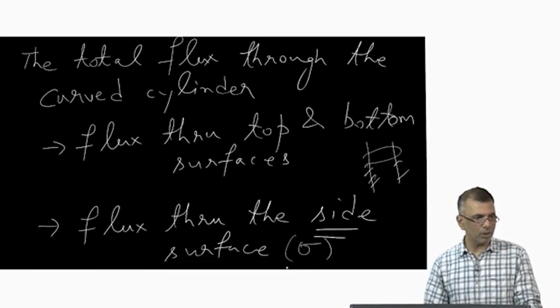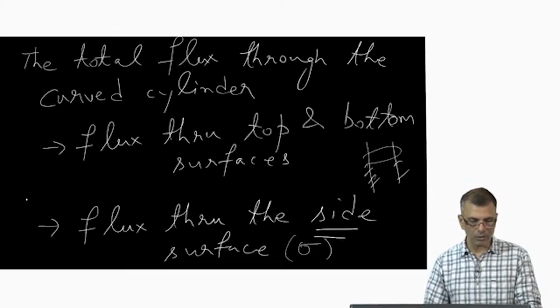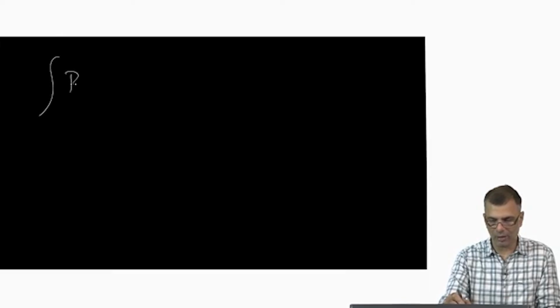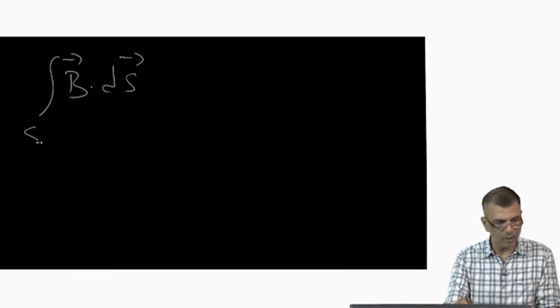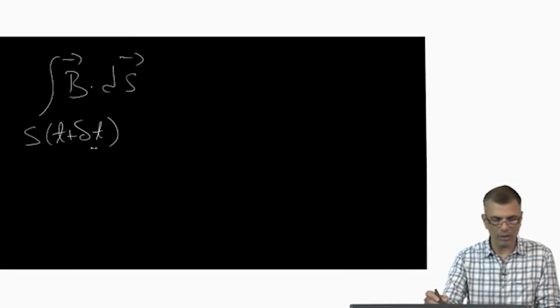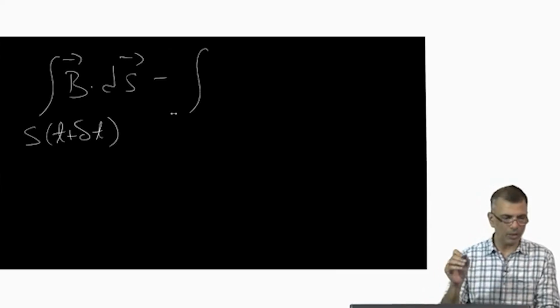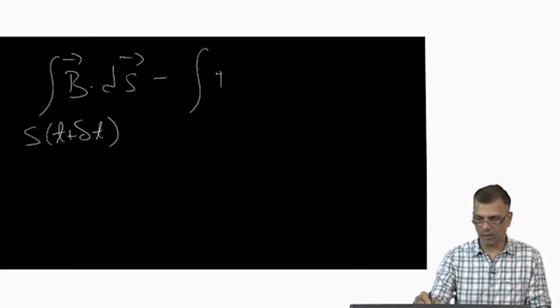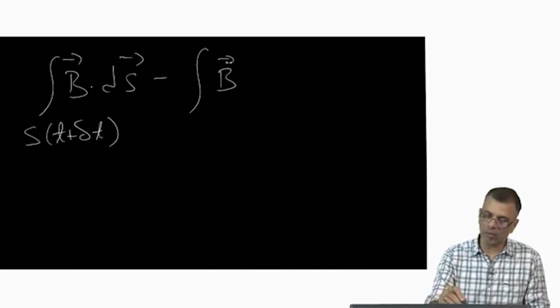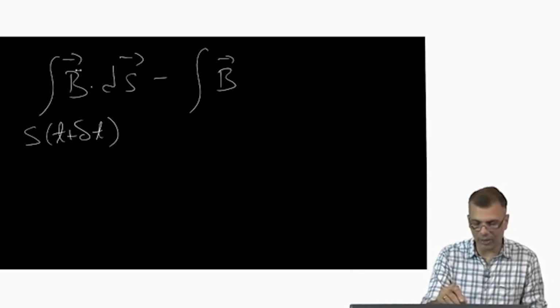Okay, so therefore, I can symbolically write it as B dot ds at t plus delta t, minus, well, I am not writing explicitly r and t and everything here.